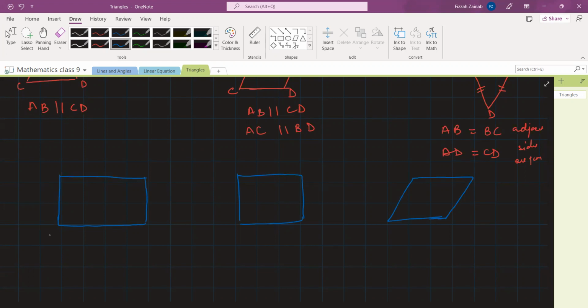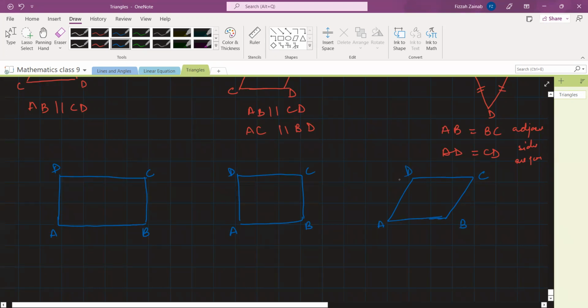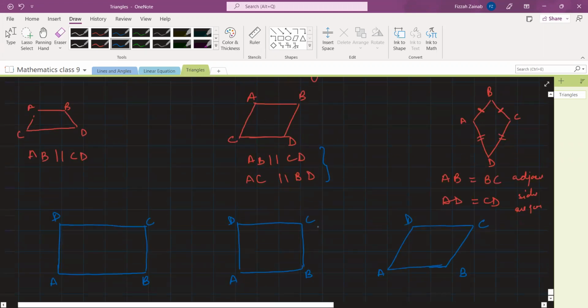And I name it like this: A, B, and C, D. Same way, A, B, C, D. A, B, C, and D, right? So in all the three figures, this condition is satisfied. In rectangle, AB is parallel to CD and AC, no, something wrong I have named. AC is parallel to BD.